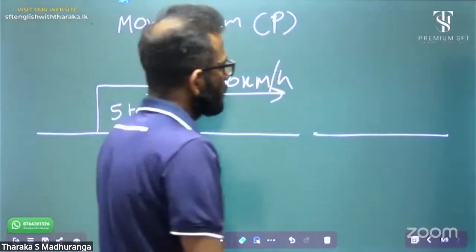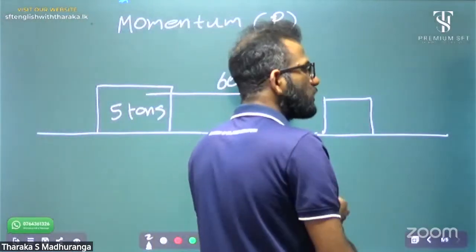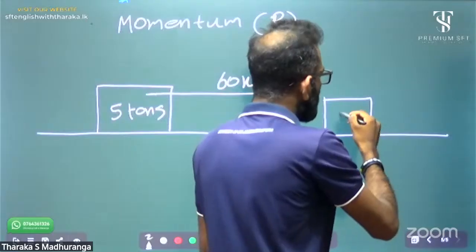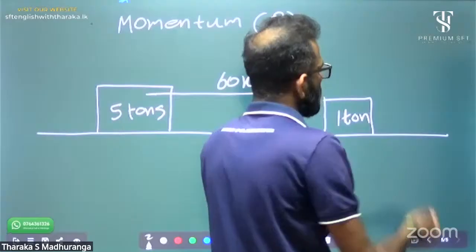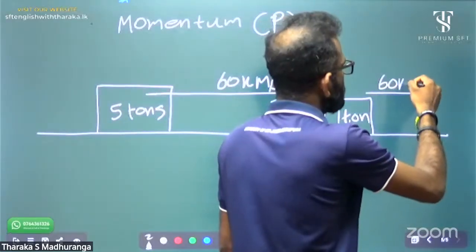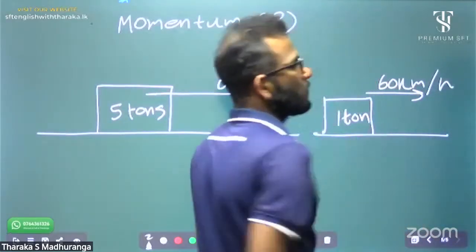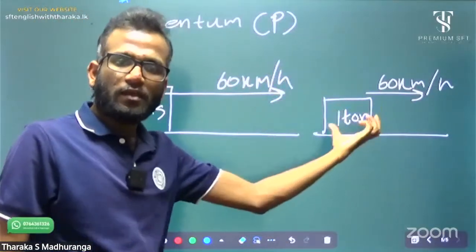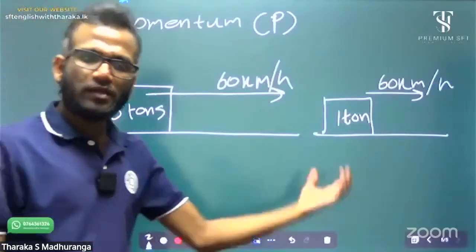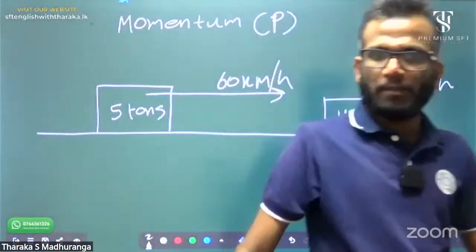Take a very small vehicle like a small car of 1,000 kilograms, that means 1 ton, moving at the same speed of 60 kilometers per hour. Which one can we stop easily? This one, right? This one we can easily stop by applying the brake.